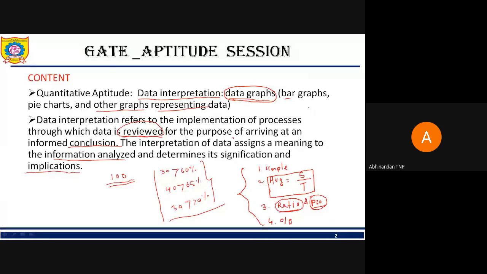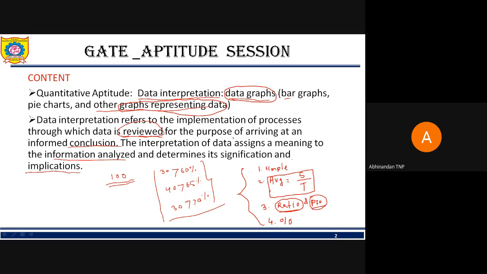You just have to observe those graphs and find out the answer. Obviously they are representing the data over there. You have to observe that data and find out the answer. So the basics required for data interpretation, DI, are average, ratio and proportional, and percentage.